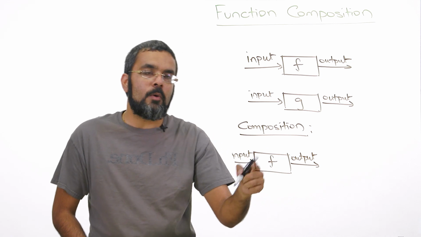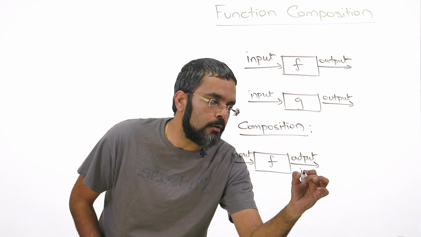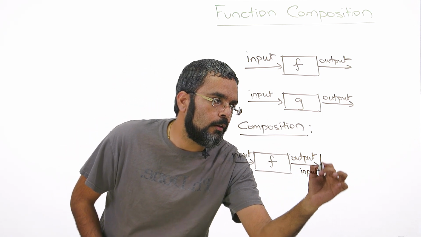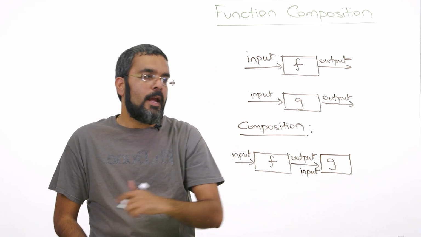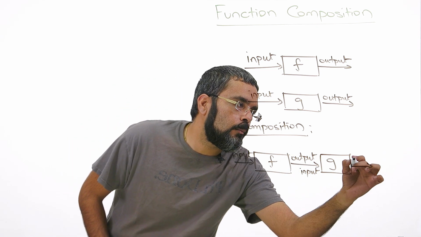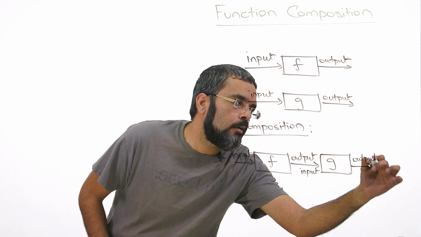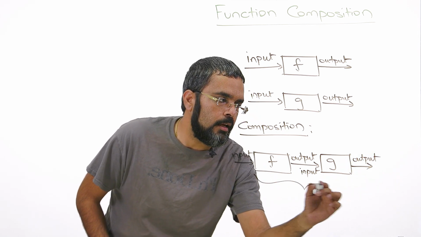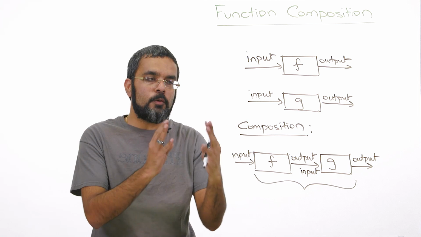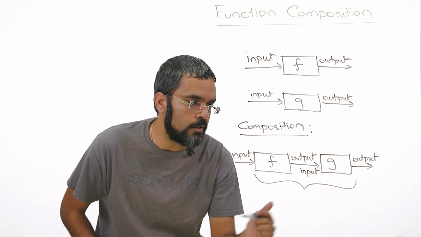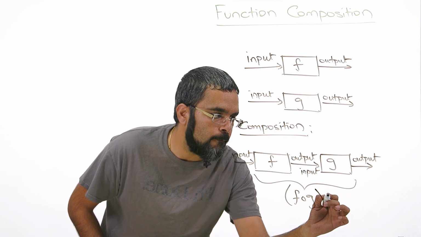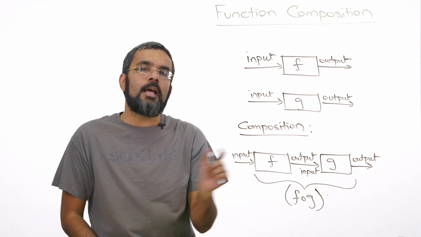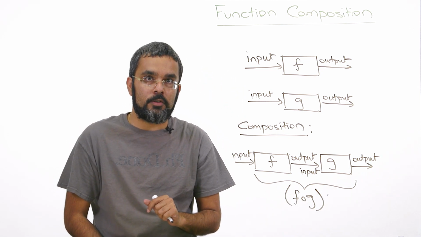And this output now immediately becomes the input for the function g. And finally, g will give me some output. And so this whole thing here, now we've combined two functions. We're going to call this a composition, or we denote this by f∘g. And that is what we call a composition of two functions.